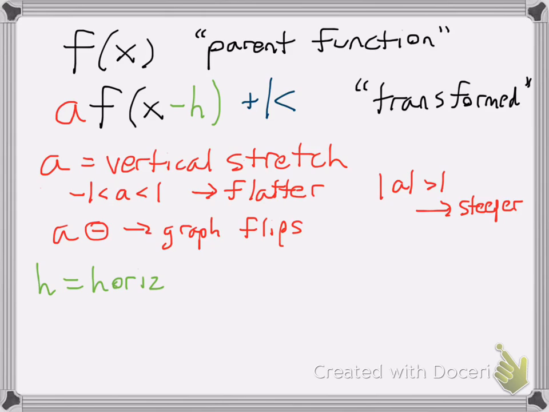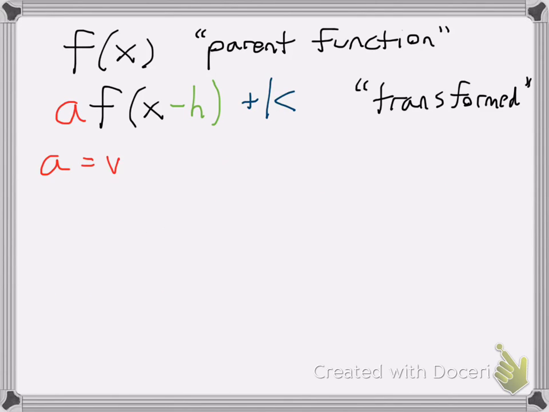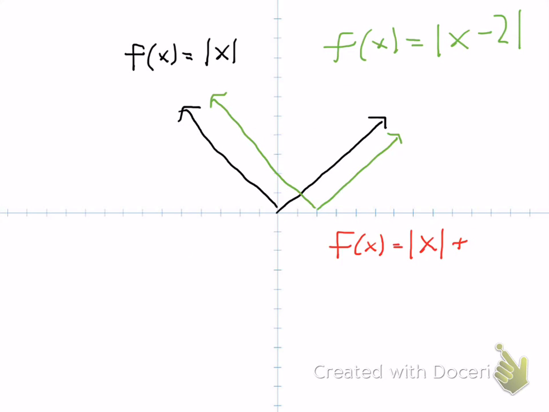So h is our horizontal shift. So that was how is the graph moving left or right? And it's important to remember that in our equation up at the top there, we have minus h on the inside of the parentheses, but h is what we're shifting by. So if you see, right, absolute value of x minus 2, here we actually shift to the right by 2.